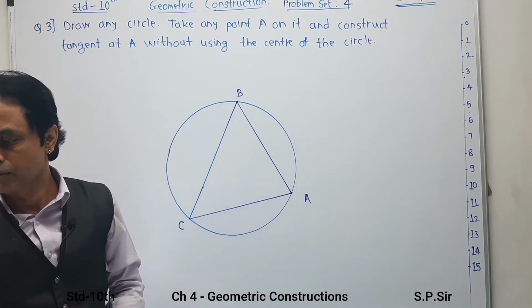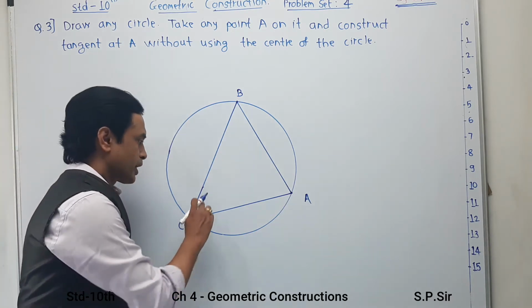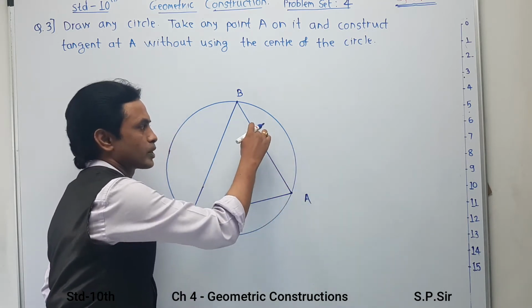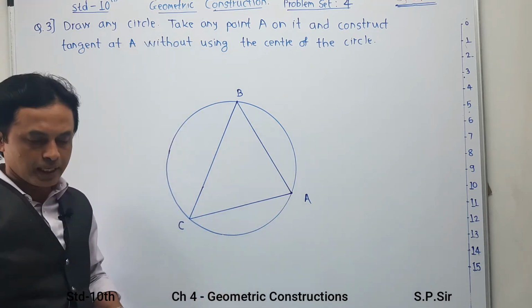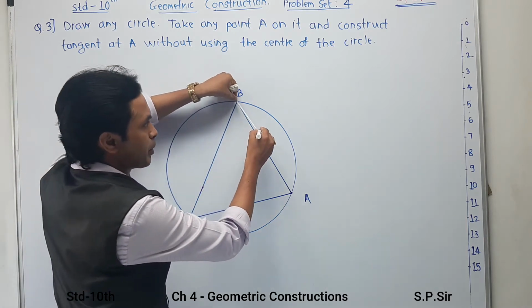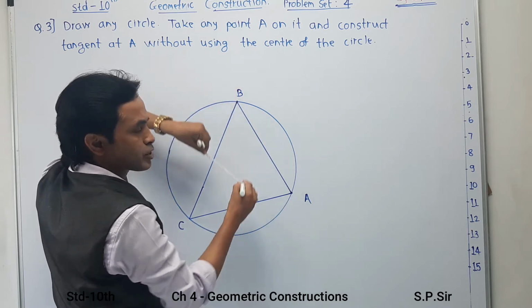In this case your process is, I repeat, if you are taking an arc from B, then you have to draw the arc in this direction, and if you are taking an arc from C, then you have to draw the arc in this direction. Let me make it clear from the diagram point of view. First of all, from B I am going to take an arc. Take any random distance, but it should touch two sides.